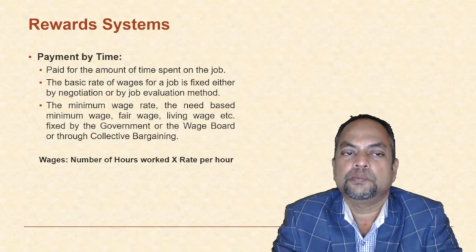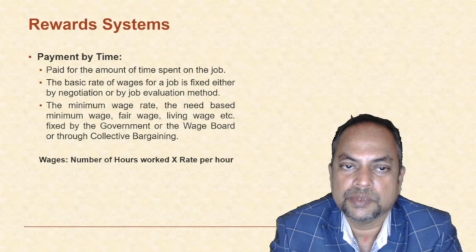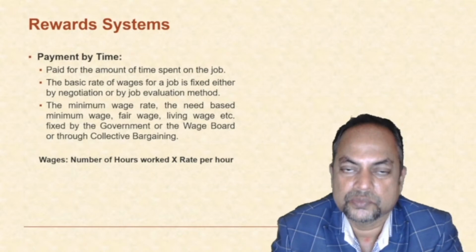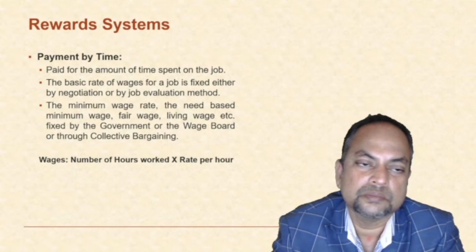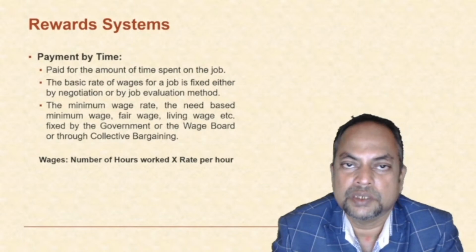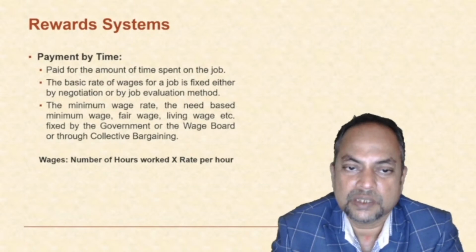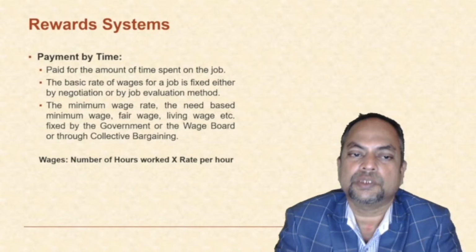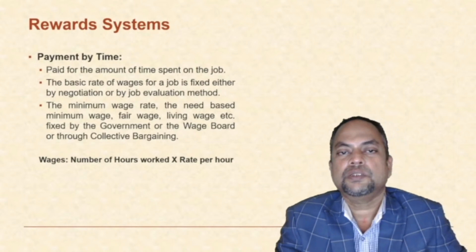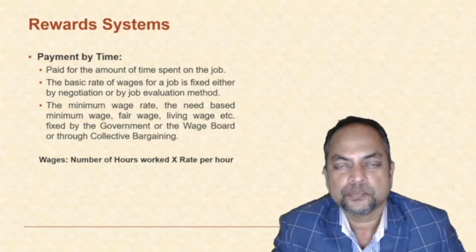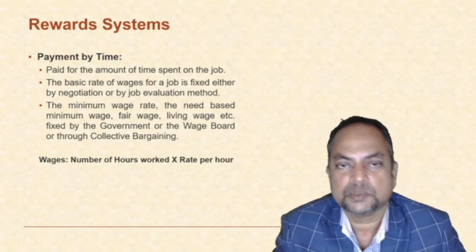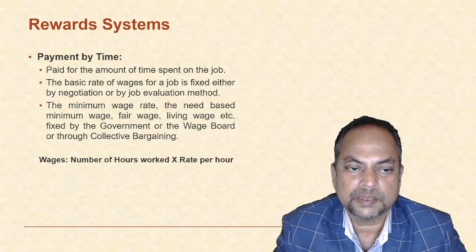So the basic elements of the wages are fixed. As we have already discussed, the Minimum Wages Act. So what is the minimum rate of wage that should be paid? The need-based minimum wage, the fair wage, the living wage, all of those things. How these wages are fixed by the central government or the respective state governments, we have understood that, right?